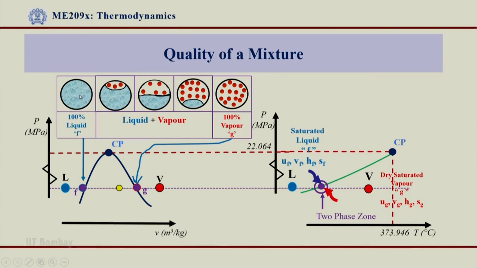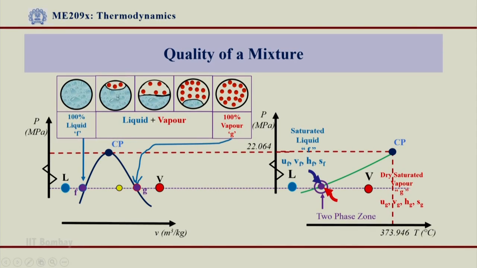So, when I travel from 100% liquid to 100% vapor, the amount of liquid will go on getting reduced, isn't it? This is completely latent phase transformation from 100% liquid to 100% vapor, and as you come from the left side to the right side, the amount of liquid will go on getting evaporated or vaporized.